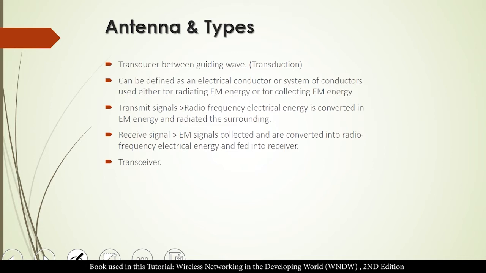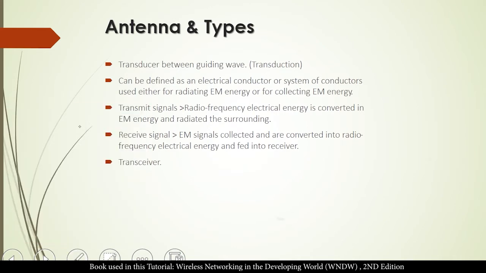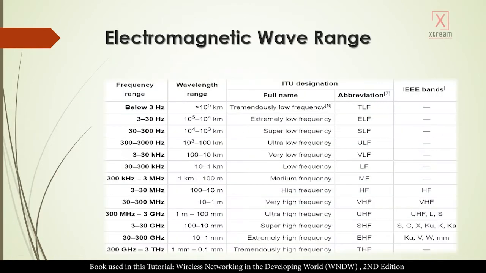So these antennas can be defined as an electrical conductor or system of conductors used either for radiating electromagnetic energy or for collecting electromagnetic energy.